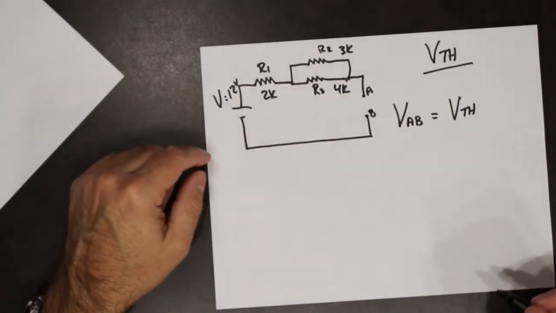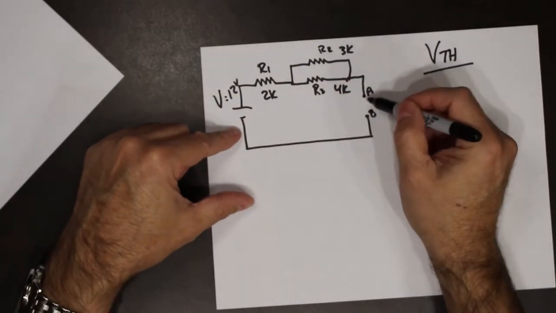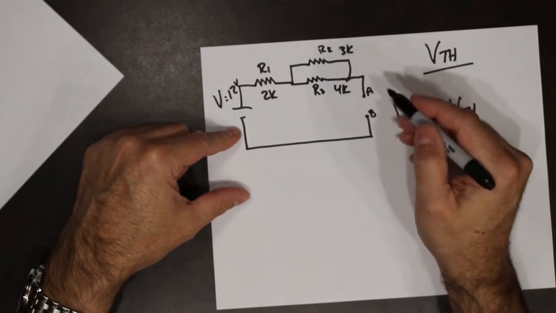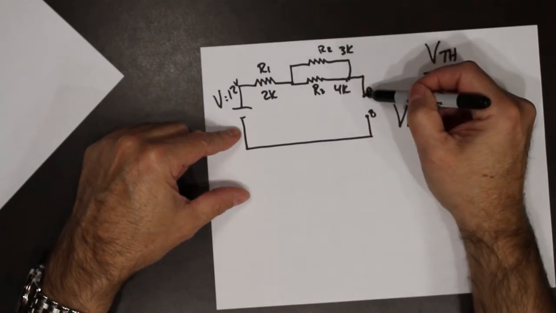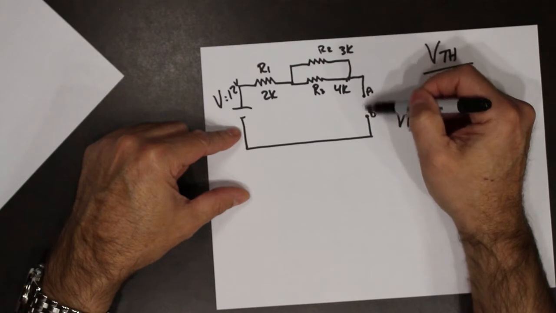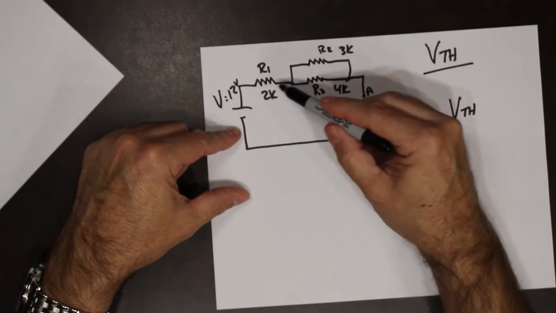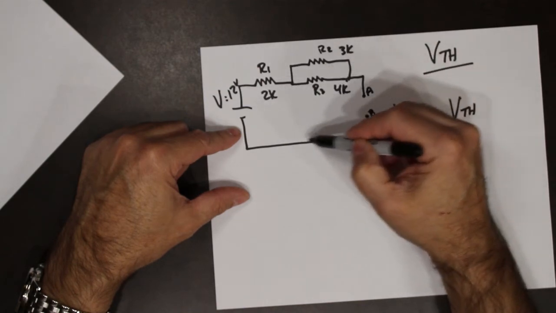In this particular case, what we have here is a special condition where the load is now an open circuit, and therefore there's no current flowing through this circuit at all.